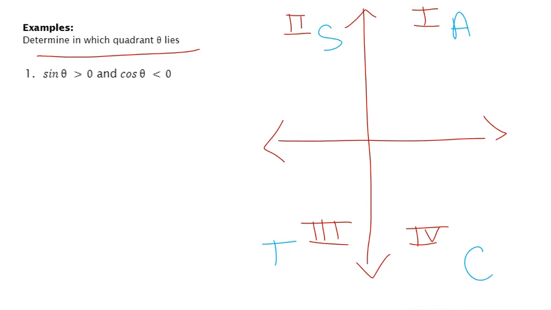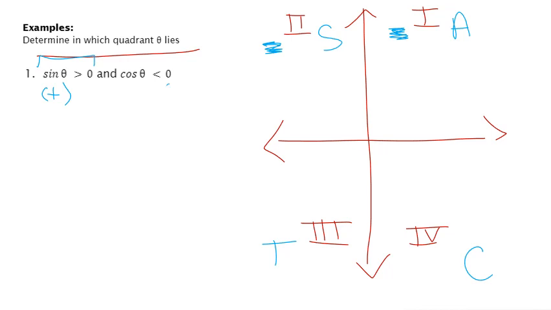So in this one, it says sine is greater than 0. Anything that's greater than 0 means sine is positive. So if sine's positive, it can be either quadrant 1 or quadrant 2. Either they're all positive or sine's positive. And then they tell us cosine is less than 0.